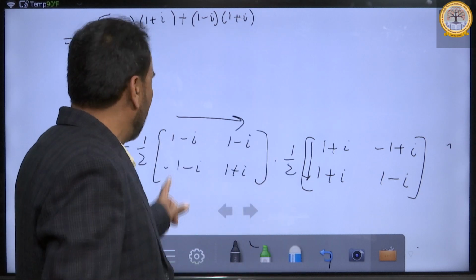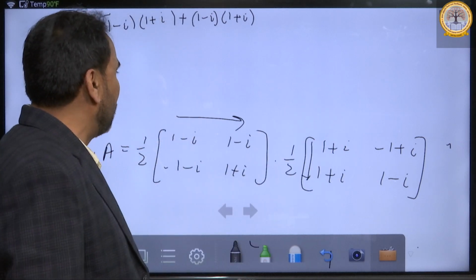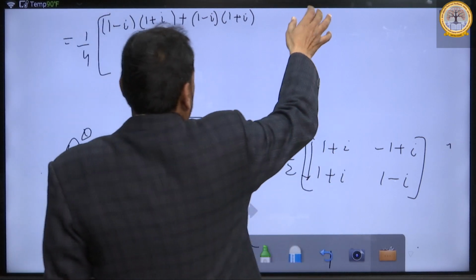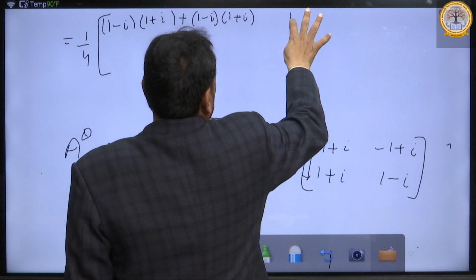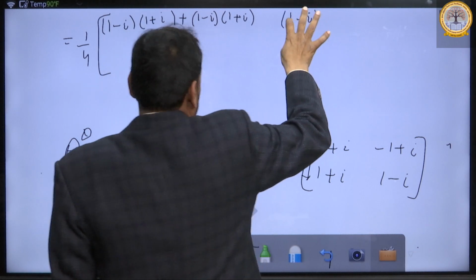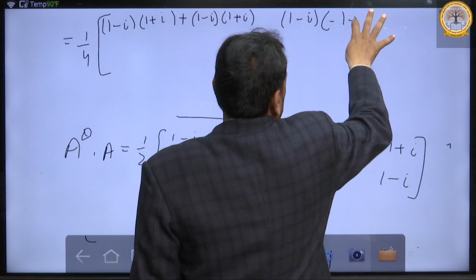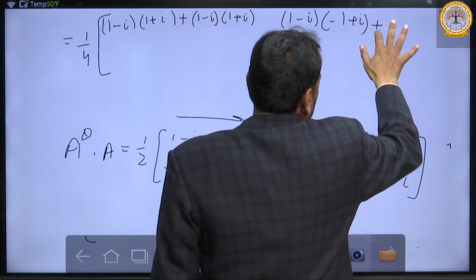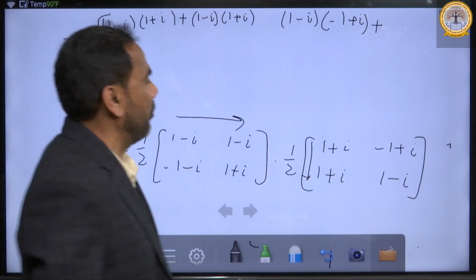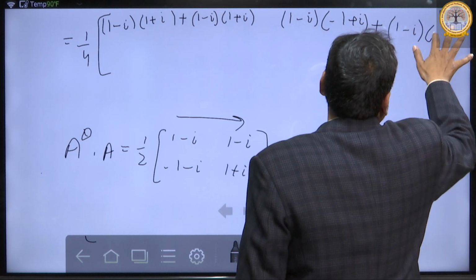Then the first row and second column: 1 minus i and minus 1 plus i, plus 1 minus i, 1 minus i.